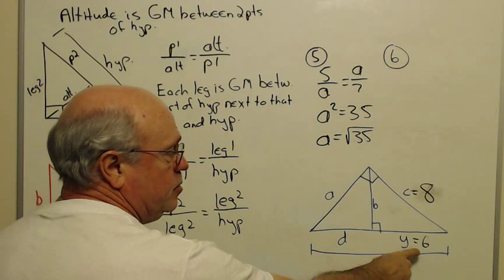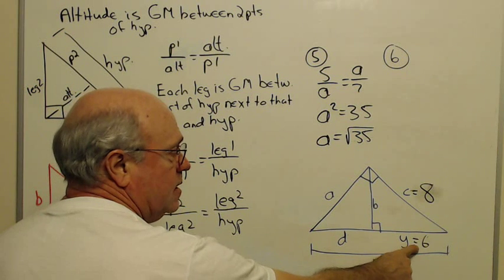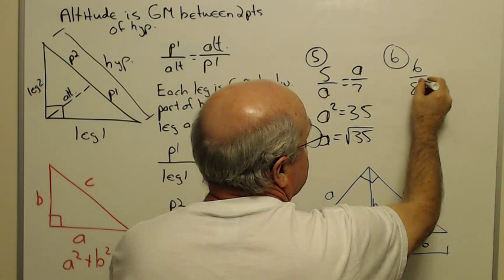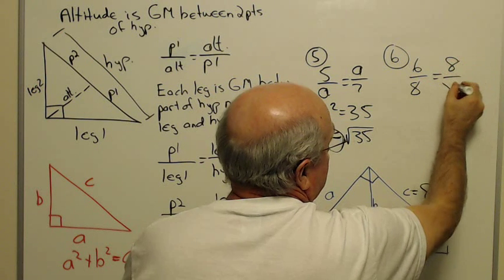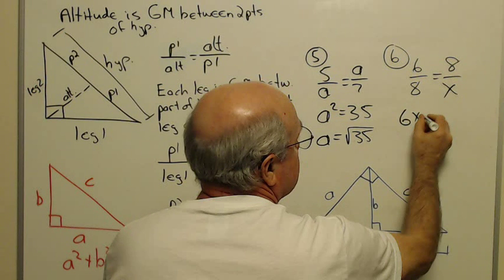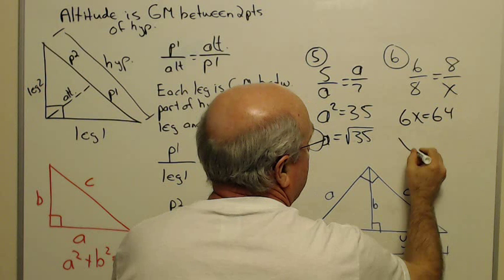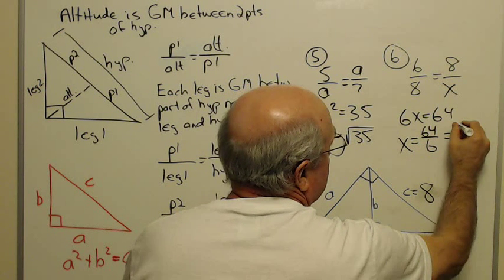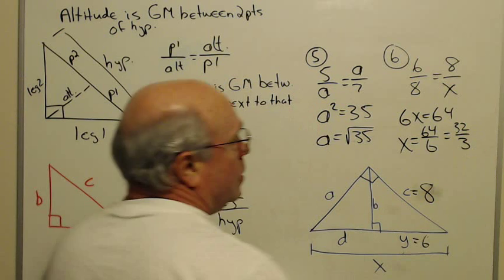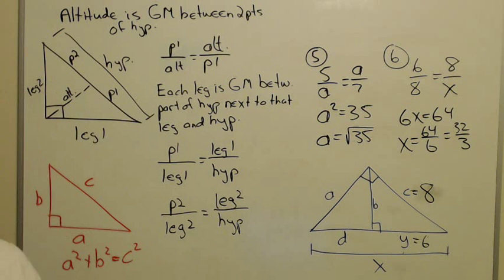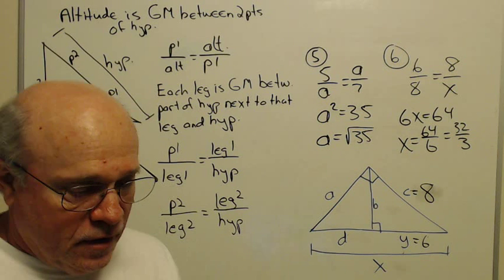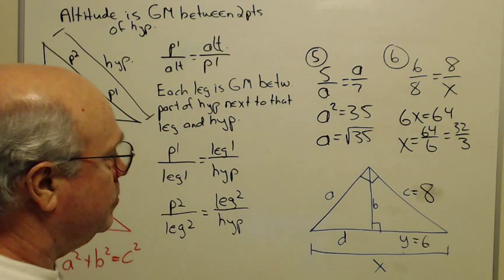It's a geometric mean between the part of the hypotenuse next to that leg and the whole hypotenuse. That gives you 6 over 8 equals 8 over x. That's 6x is equal to 64. X is 64 over 6, which reduces to 32 over 3. But beyond that, we don't need to do anything with it. We're done. That was the last problem dealing with this picture.